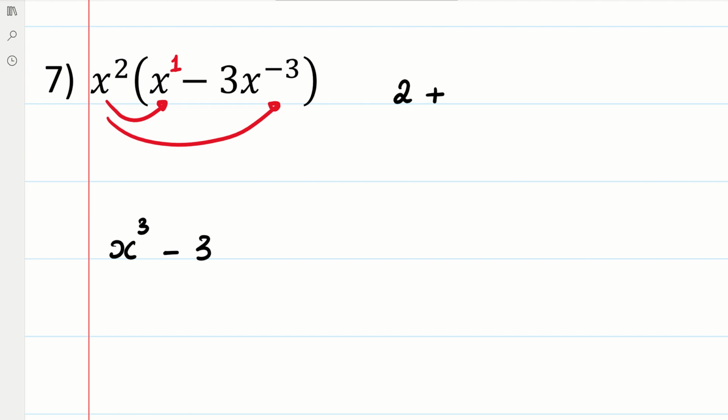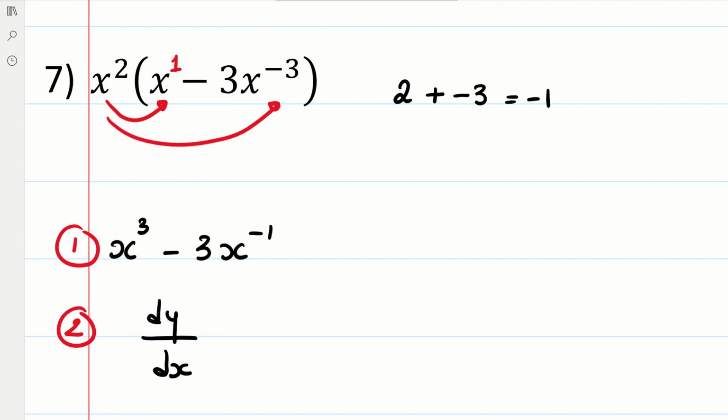So 2 plus negative 3, negative 1. So it becomes x to the power of negative 1. That's your step 1. And then step 2 is we differentiate. 3 times 1 is 3, x squared. Negative times negative is a positive 3, x to the power of negative 2.